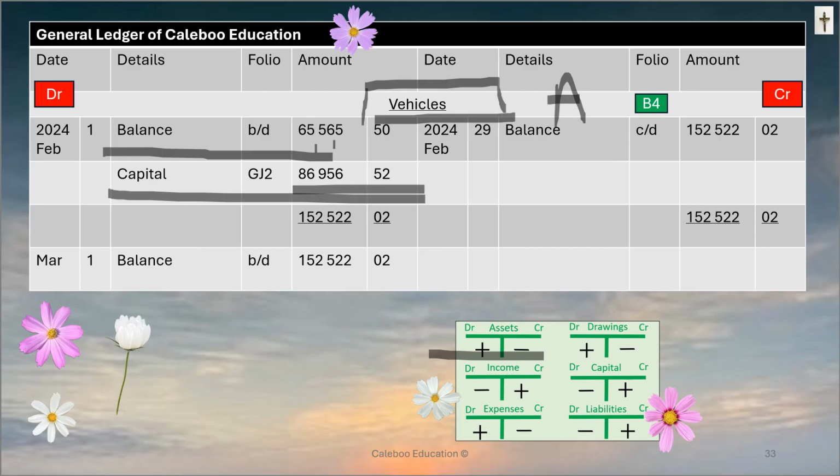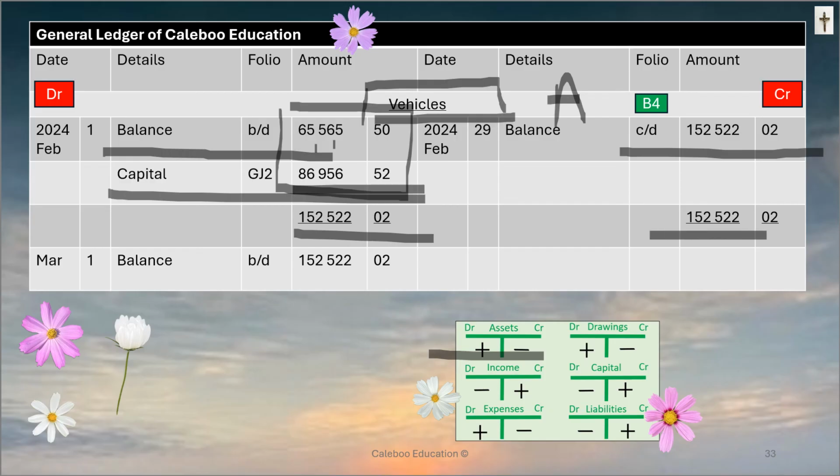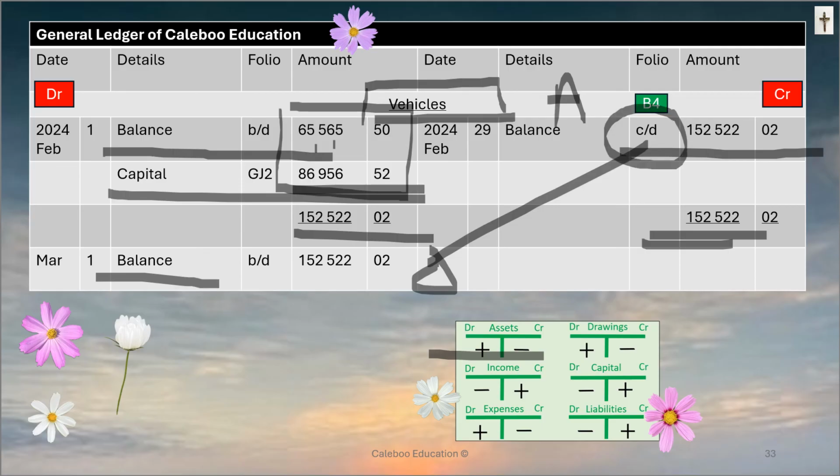Now we need to balance this account. So these were the two entries on the debit side. Subtract nothing gives us the balance carried down. And we total up both sides. And then on the opposite side, we got the balance brought down on the first day of the next month. Remember, last day of the month it was named carried down.